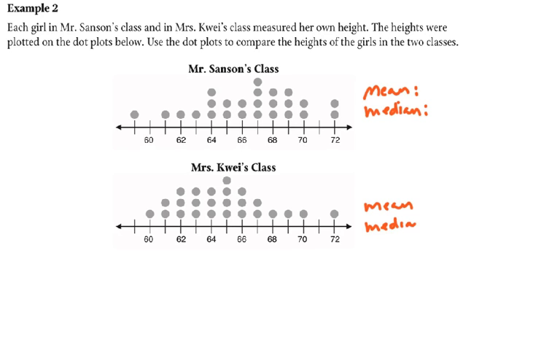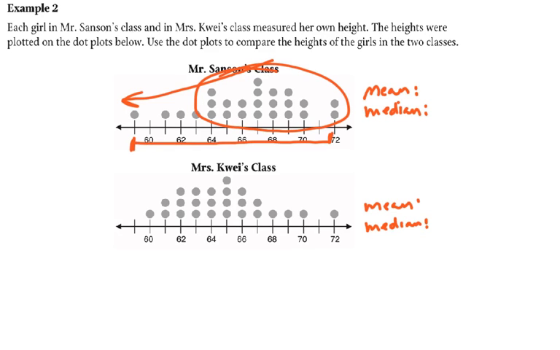But we can do that after, because just looking at it, I can see that in Mr. Sanson's, it's almost more skewed to the left, isn't it? The majority of your data is up here. And it goes from clear down here to up here, where the majority of it is right around here. They're about the same variability, right?